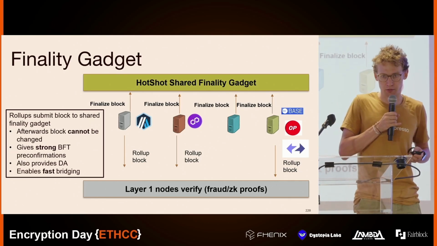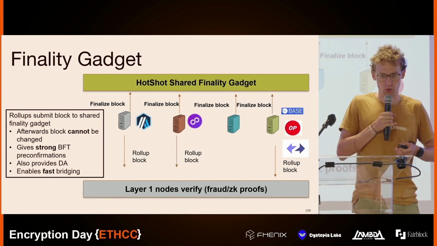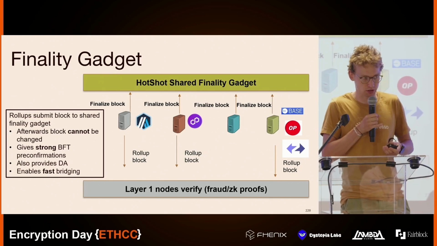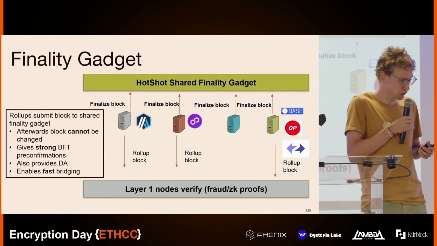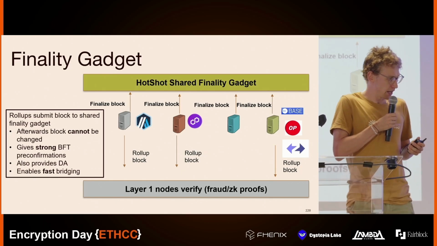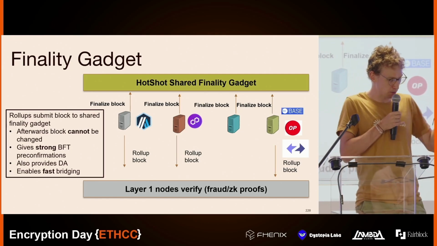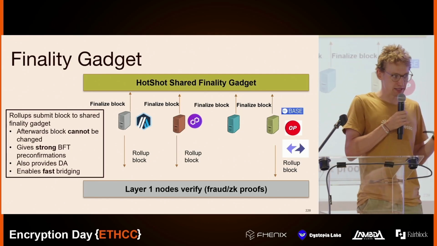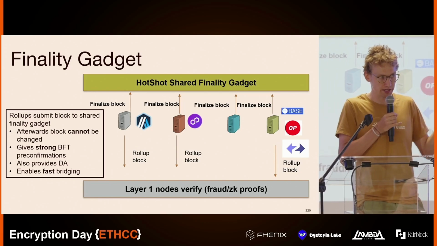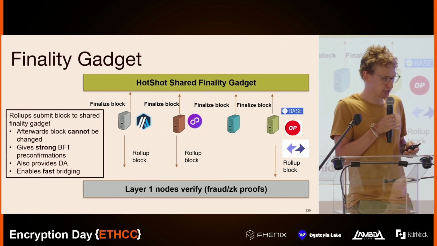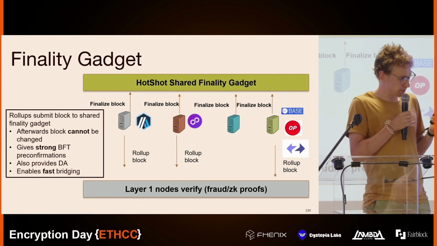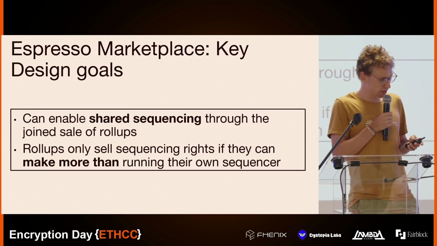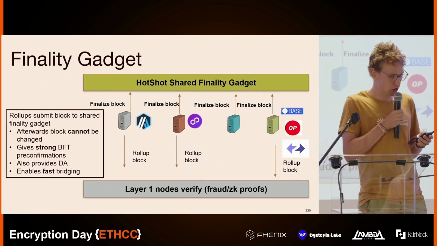So we enabled like 2-second bridging without any sort of trust assumption. So, risk-free 2-second bridging. Yeah, it also provides data availability sort of as an add-on, but it's essentially for free along with the sequencing fees. Yeah, so that's the HotShot finality gadget.